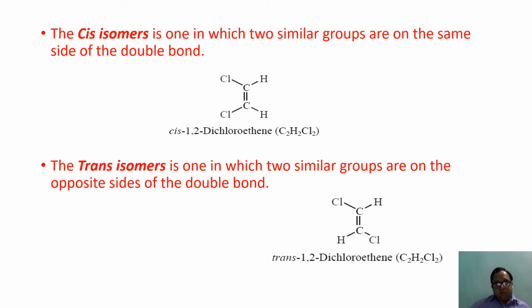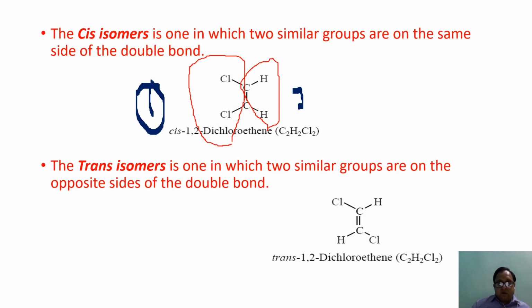Now it is time to identify which isomer is cis and which isomer is trans. To understand it, we have to look at one side of the double bond and the other side of the double bond also. Let's designate this as side 1 and this as side 2.